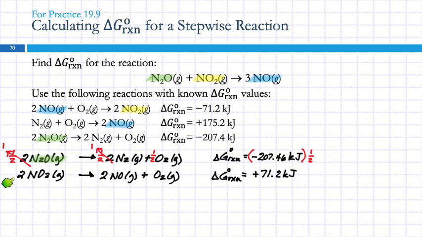Is this the correct coefficient to get this equation? No. So I'm going to have to multiply by 1/2 again. Or, if you'd rather divide by 2, that works also. So that becomes a 1. That becomes a 1. This becomes a 1/2. And I did it to everything else, I need to do it to this as well.